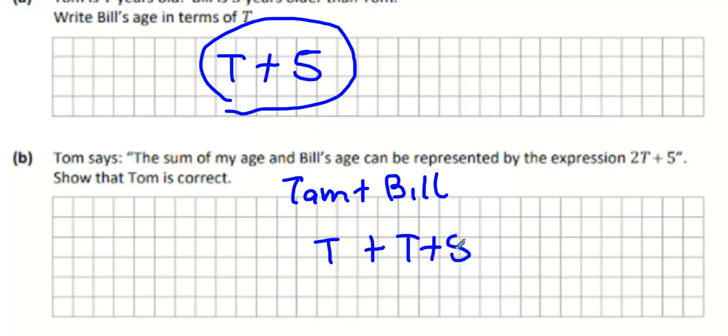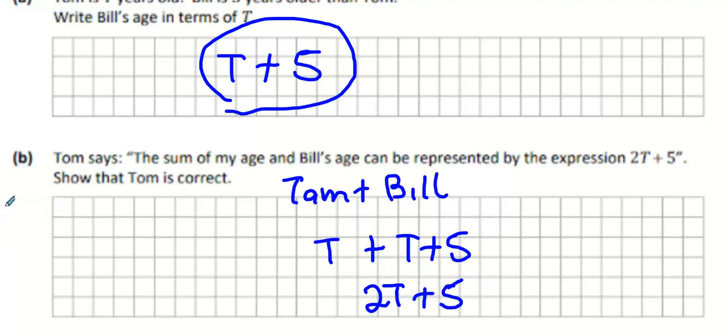And what's T plus T? T plus another T. Think about it. You have a bike and you have another bike. How many bikes do you have? So if you have a T and another T, you have 2 T's. Okay? Is that all right?